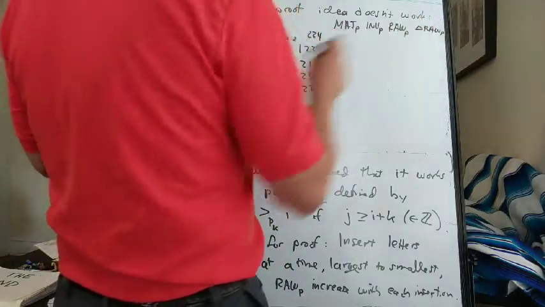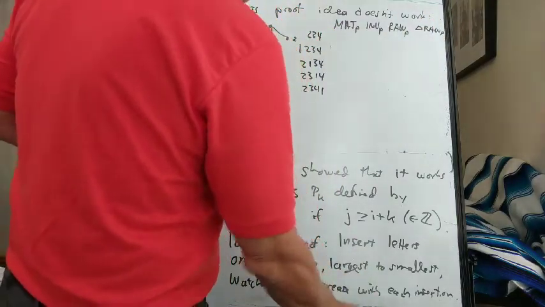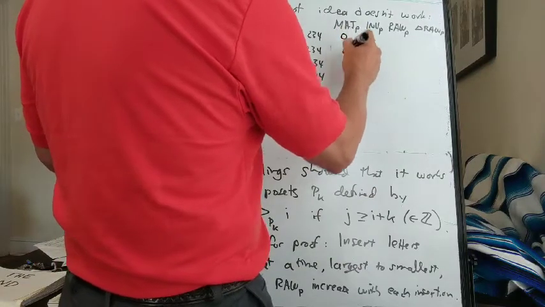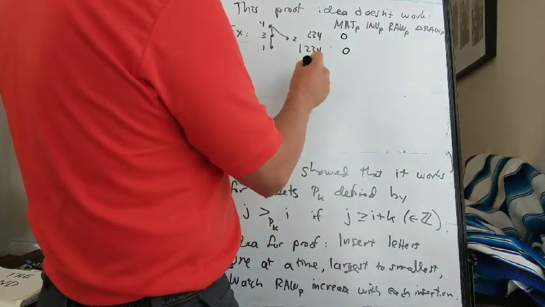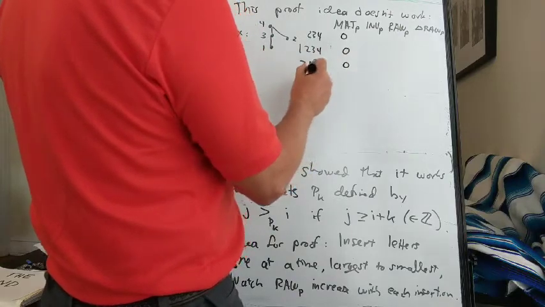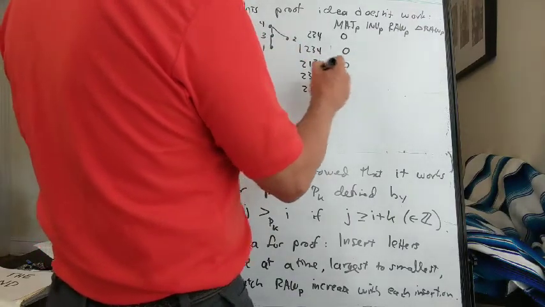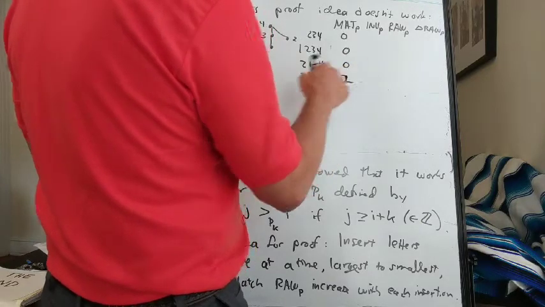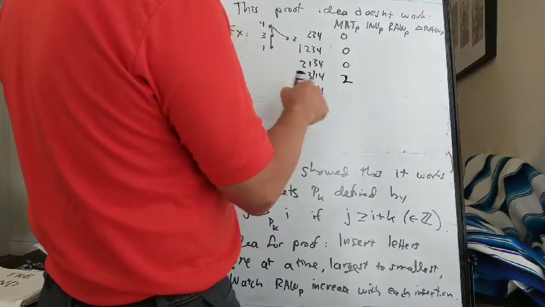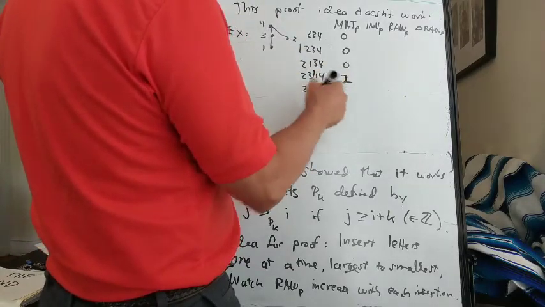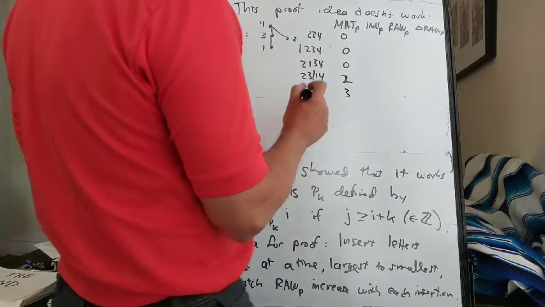Okay, so we'll look at how much the Rawlings statistic goes up each time. Major index is 0 here, 0 there. 2 is not greater than 1, so major index is still 0 there. 3 is greater than 1. That's a descent, so there's a major index of 2 because the descent is in position 2. In 2, 3, 4, 1, 4 is greater than 1, so that's a descent in position 3 and a major index of 3.